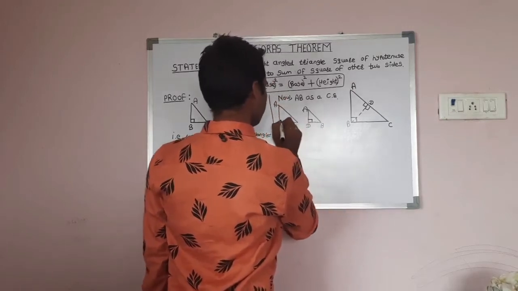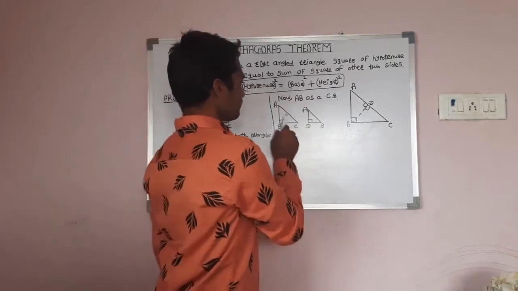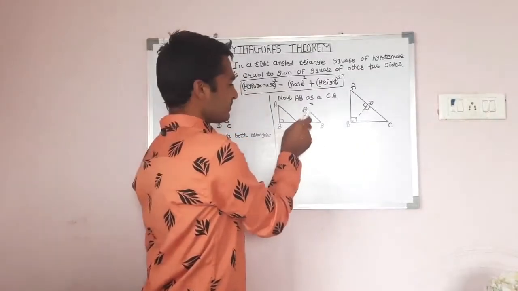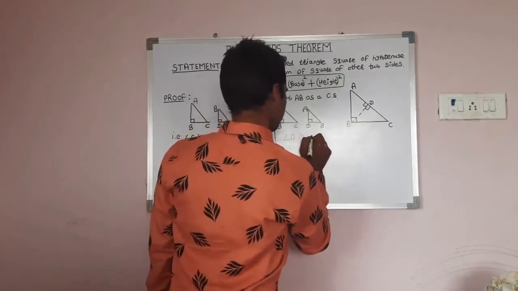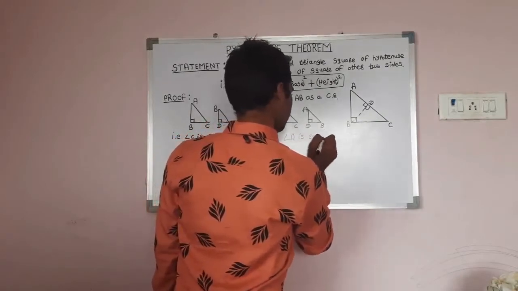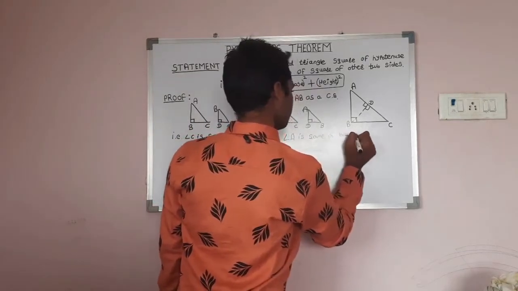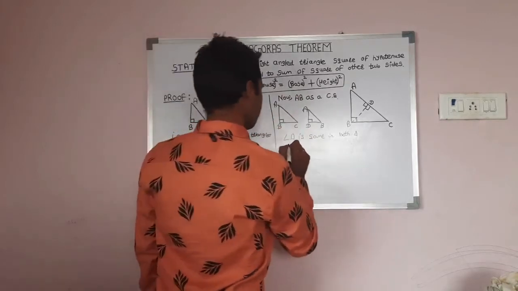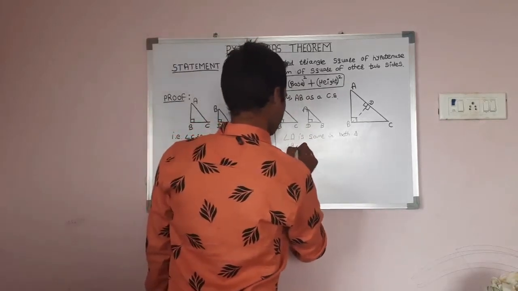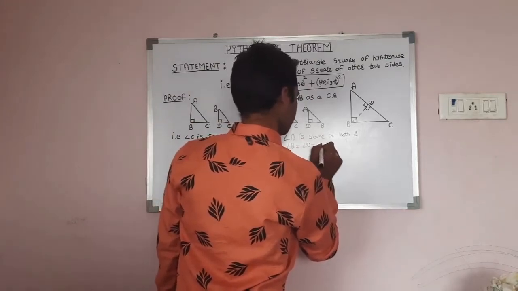Here angle D is 90 degree, here angle B is 90 degree. Similarly, here also angle A in both the triangles is same. Angle A is same in both triangles. And angle B equals to angle D equals to 90 degree.